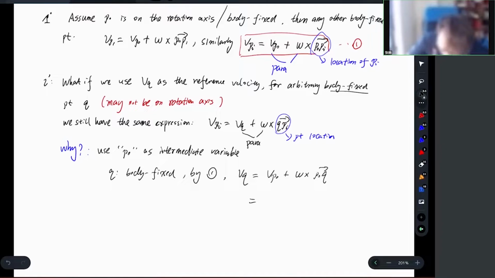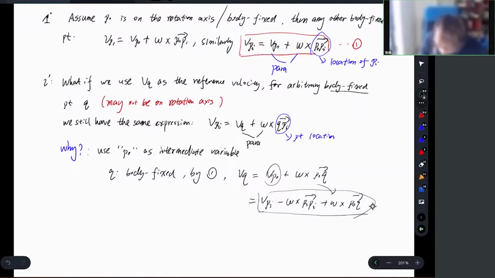And then we replace this again. We use this equation again. We know this VP0 is just VPI minus omega cross P0PI, this vector. Okay, and now we copy this down here plus omega cross P0Q. All right, we cancel this out. We group these two terms. This one will give us exactly this formula.